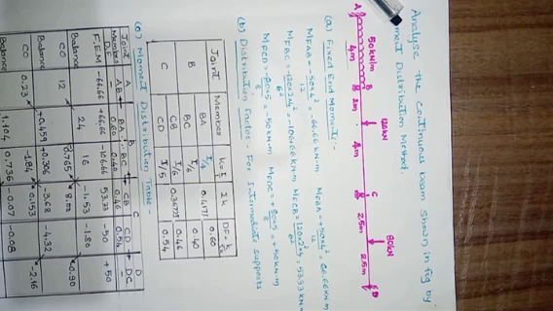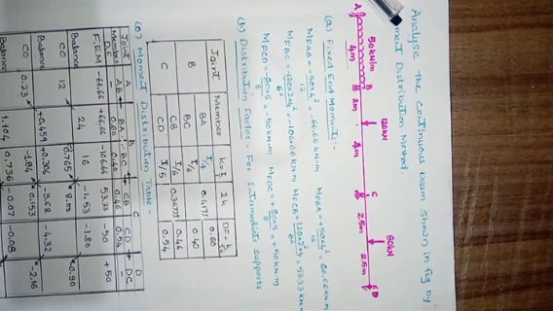Similarly, from C to B, that is half of this one, that is minus 0.035. Similarly, 50% of this moment is from C to D, that one is minus 0.04.